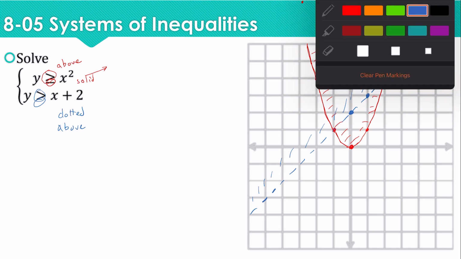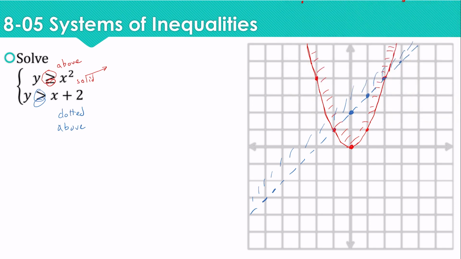Let's grab a highlighter to shade, and it'll be the places where both are shaded. And so that's all the solutions.